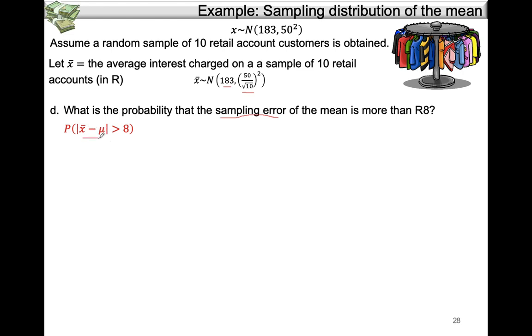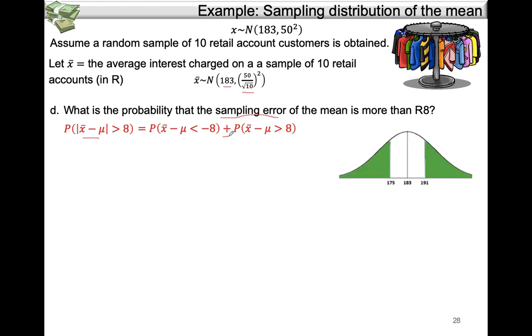By making use of the absolute relationships, we find that this is equal to the probability of X bar minus mu being less than minus 8 plus the probability of X bar minus mu being greater than 8. So on our graph, the first probability is the area to the left of 175, and the second probability is the area to the right of 191.